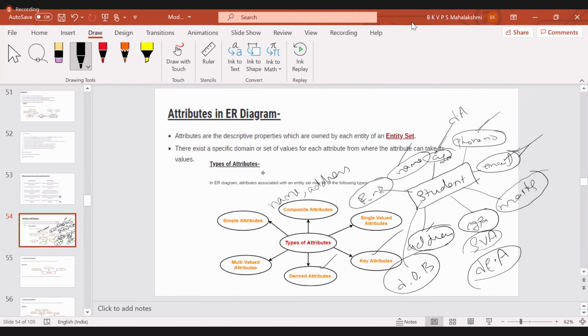Because name is a composite one. Like first name, middle name. Sometimes the registration form may ask you to fill the first name, middle name, last name and all.